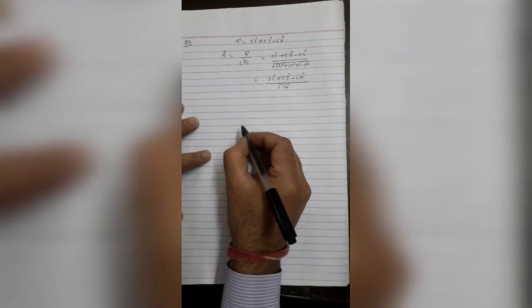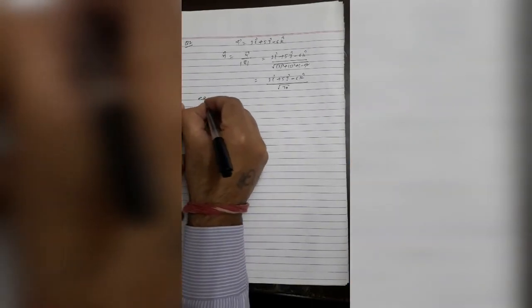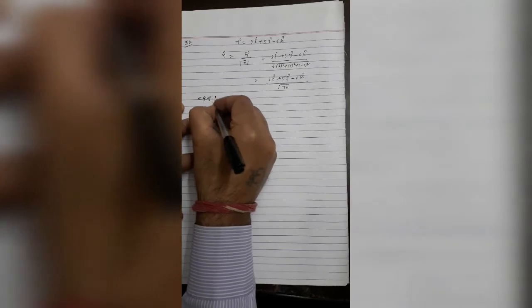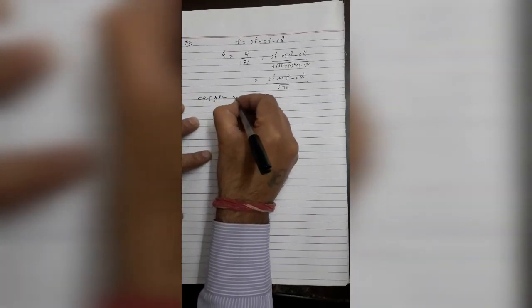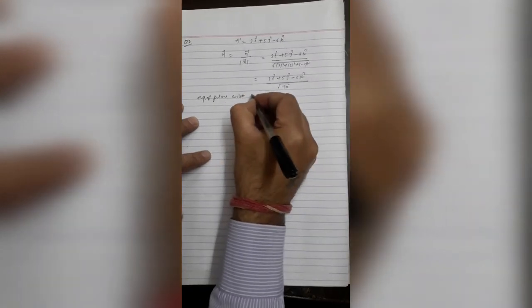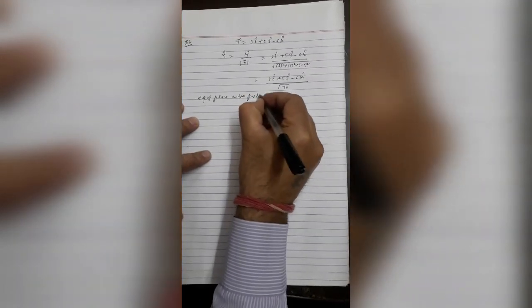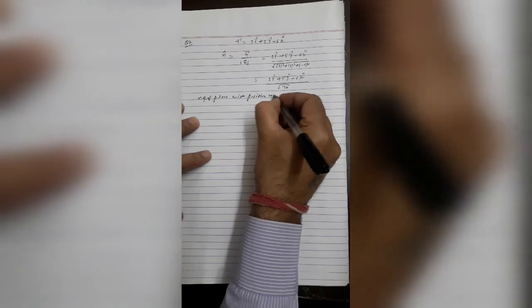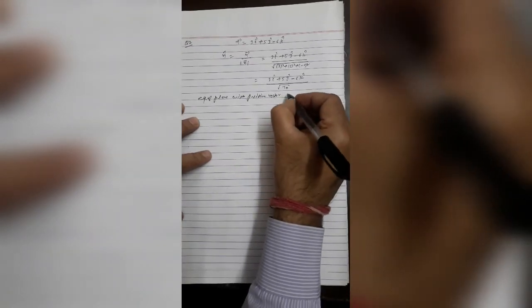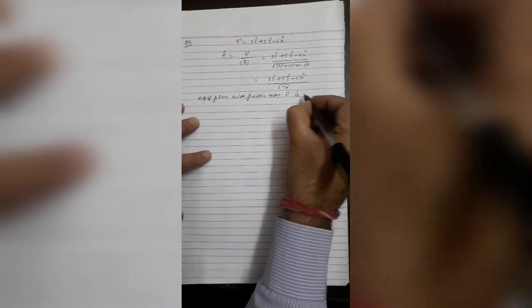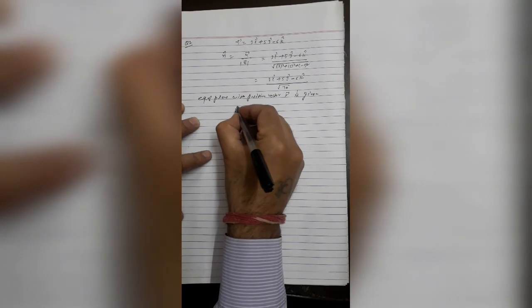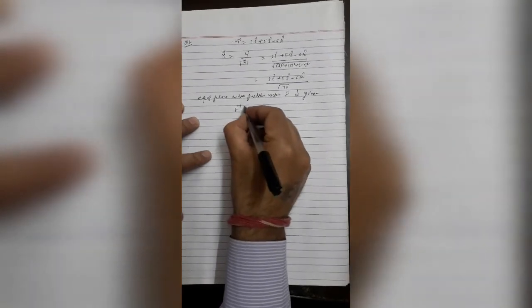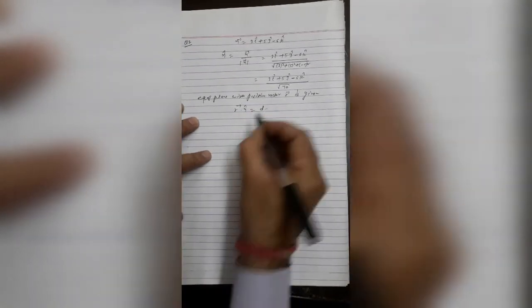So therefore students, now we will say that the equation of the plane with position vector r is given by r vector dot n unit vector is equal to d.